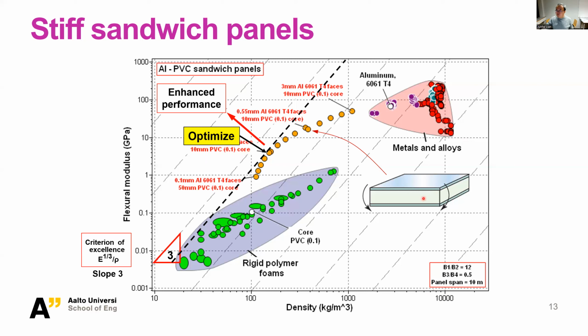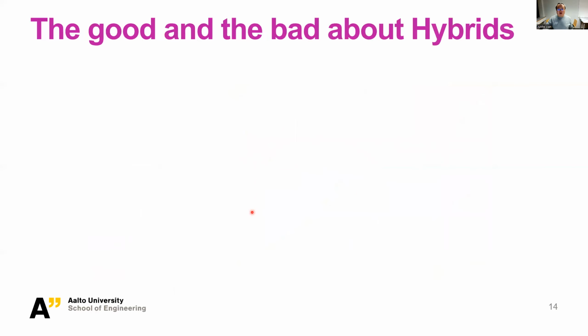It provides very good specific bending stiffness, and it is also thermally resistant, which is much better than the other polymers and the polymer that we have initially right here.